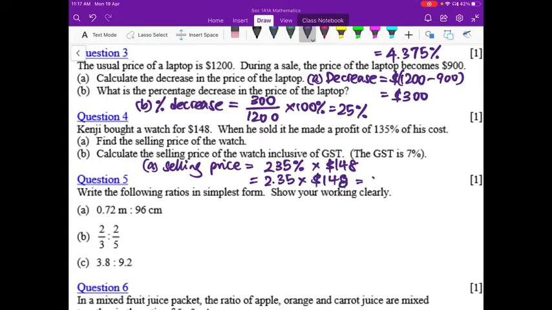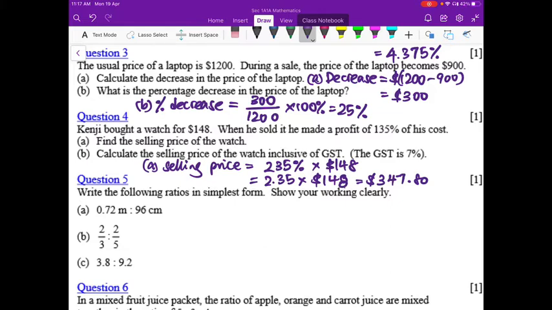How much? 347.8, and 80 cents. Hey, watch. What happened over here? He bought it for $148. He didn't sell it for a bit more. He sold it for $347. Can buy 2 watches, still have money left over.